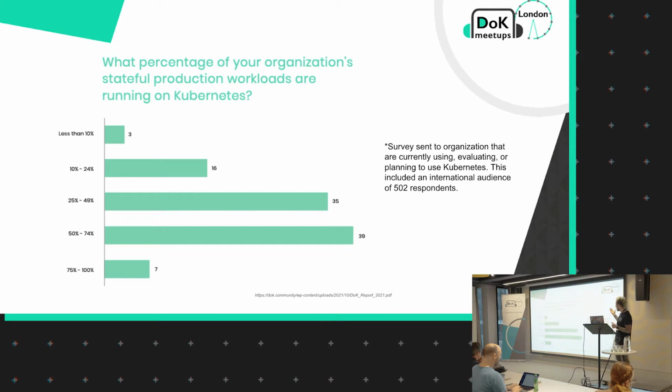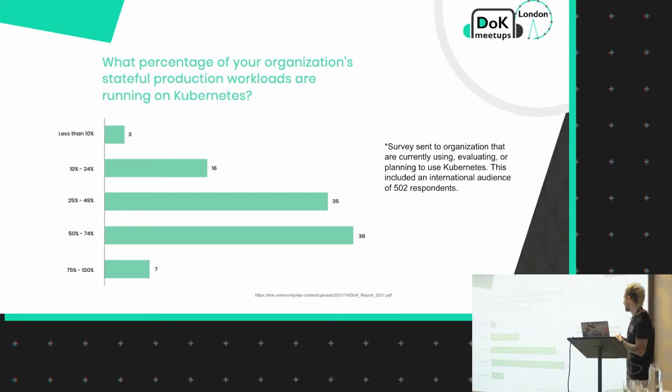You can also check this report from DoK, which you can find on dok.community. It's a much more comprehensive report than that. But one of the features I wanted to highlight here is what percentage of your organization's stateful production workloads are running on Kubernetes. You can see that if you remove the 24%, the vast majority is between, let's say, 25% to 100%, with probably this slot, which is the maximum, between 50 and 74, which is a lot.